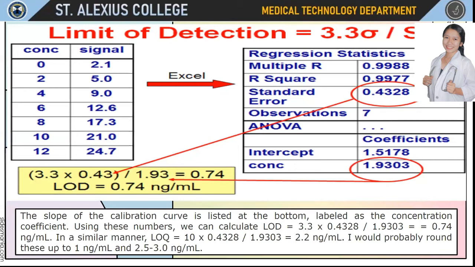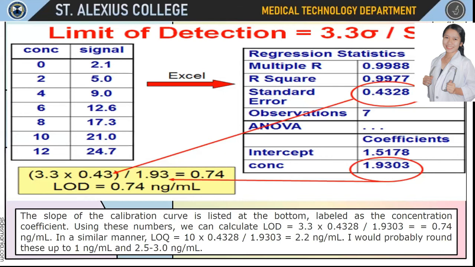On the upper right, I have listed some of the key data presented in the regression report. The 4th item down, the standard error, is the standard deviation about the regression line for the entire data set, which I am using as lowercase sigma for the ICH technique. The slope of the calibration curve is listed at the bottom, labeled as the concentration coefficient.